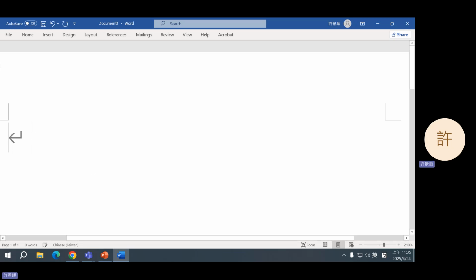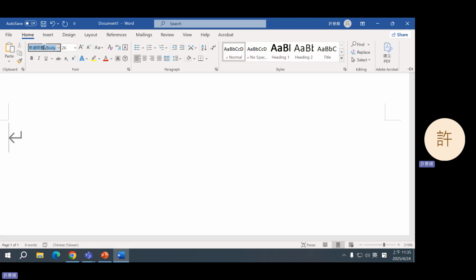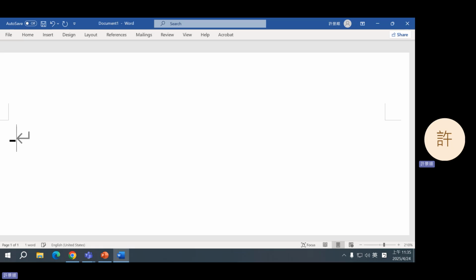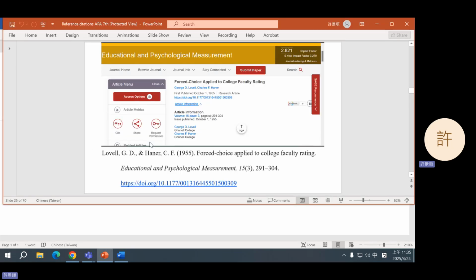Okay, you can't tell. Actually, a Chinese font. This is a hyphen. This is an n dash. Okay, so that's the first.